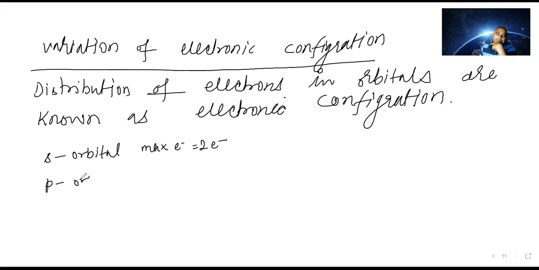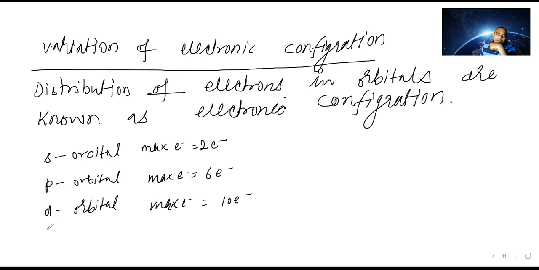For the p orbital, maximum is 6 electrons. For the d orbital, 10 electrons. For the f orbital, maximum is 14 electrons.